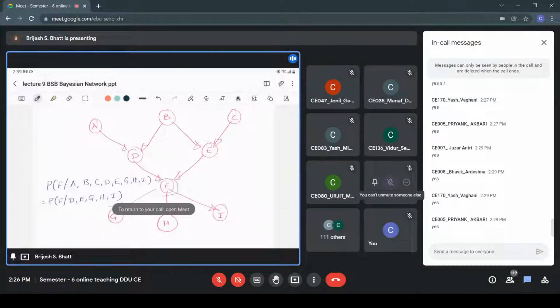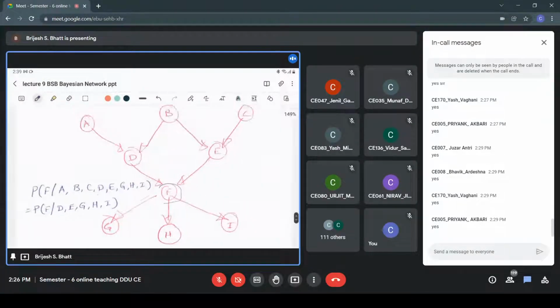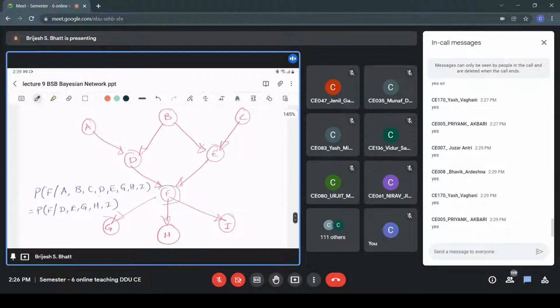Okay, so for those who are still confused, let me tell you why this works. To calculate F, we know that given D, E, G, H, and I, F becomes conditionally independent of everything else.